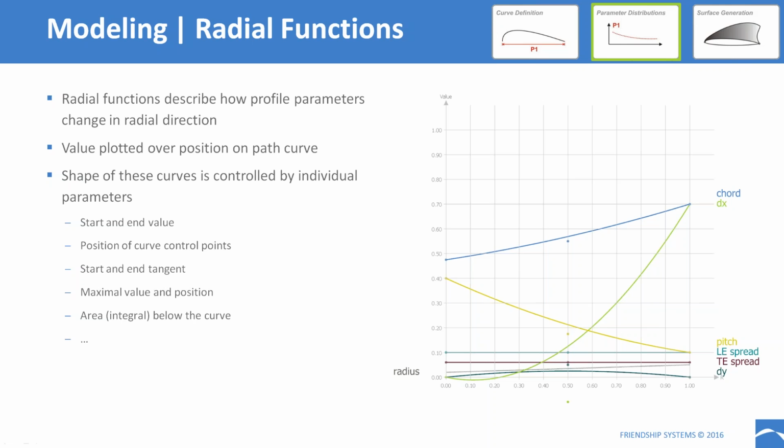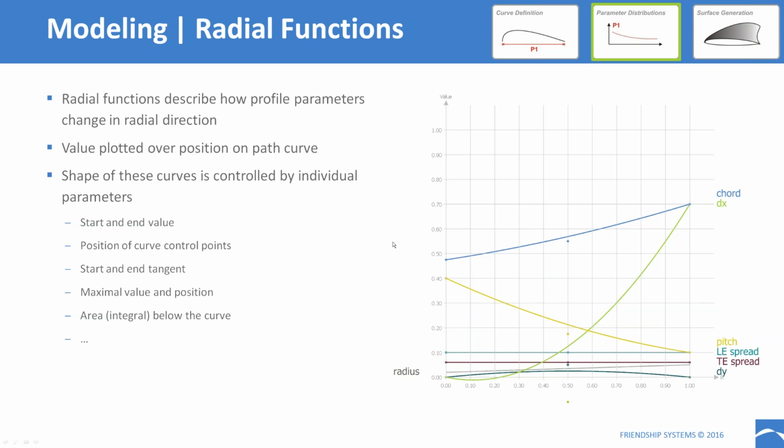And the shape of these distribution functions or curves is controlled by individual parameters. So for example, we can control the start and end value of the curve, or the position of the control points if the curve is modeled using control points like we see here.